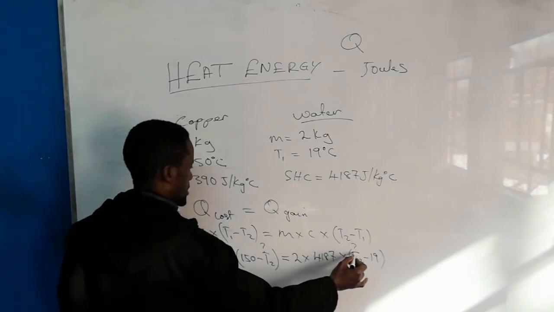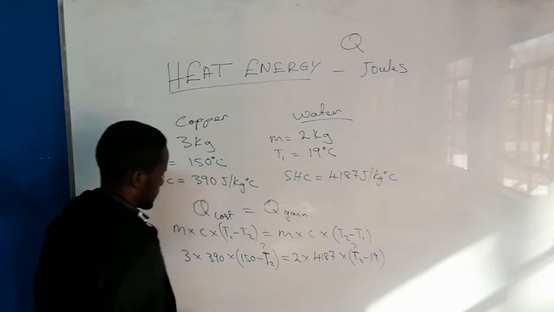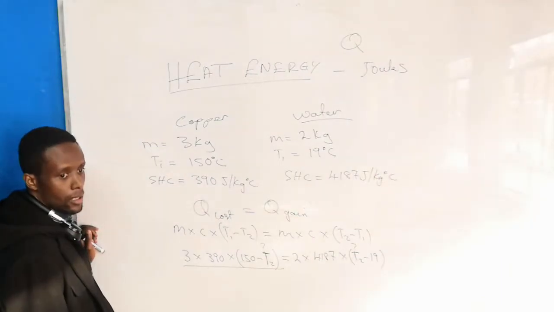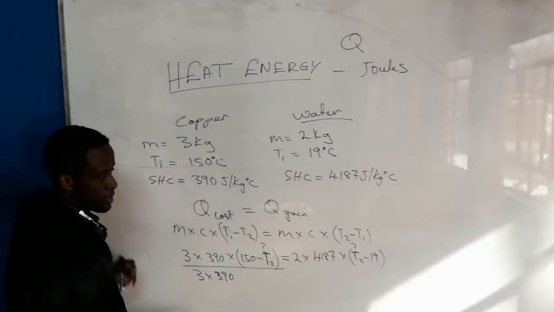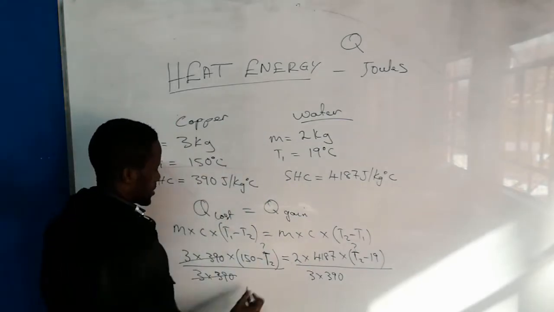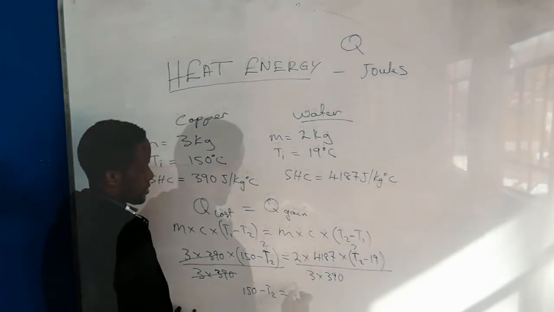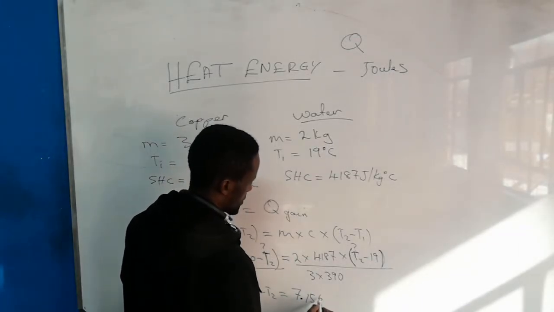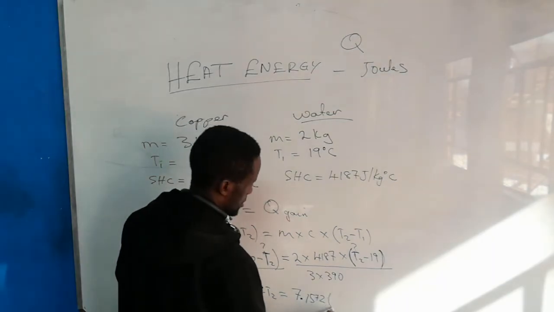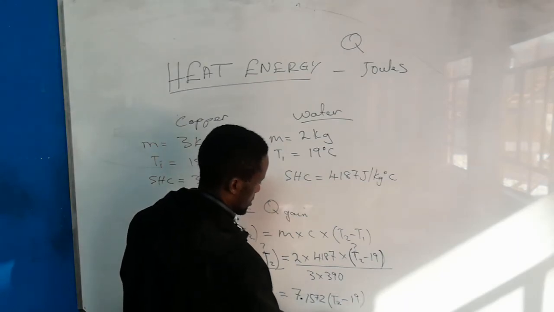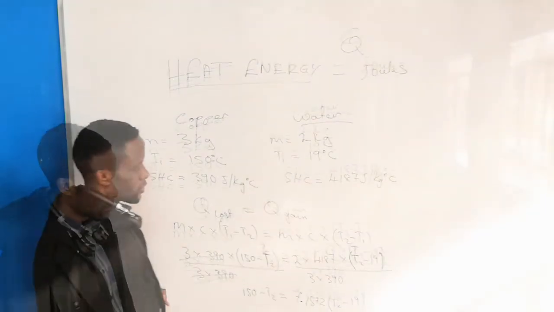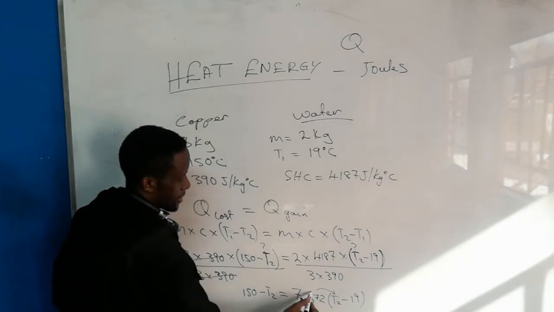This T2 we have already said will be the same. On the other side, 2 times 4187, that is 8,374, times T2 minus 19. I hope that is making sense. You multiply this and this guy, this times that guy.